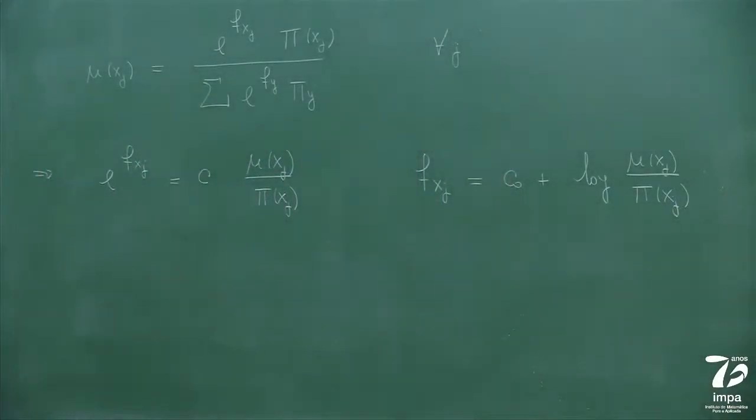So up to an additive constant, f(xj) has to be given by this.